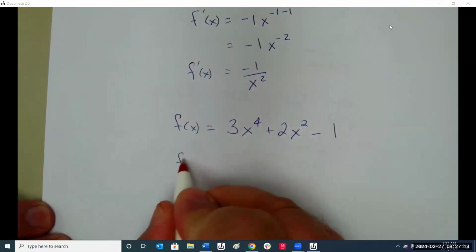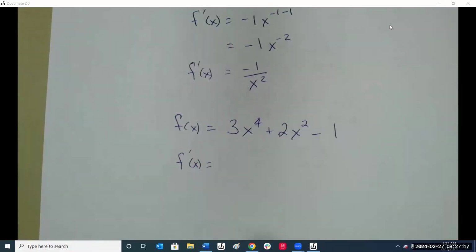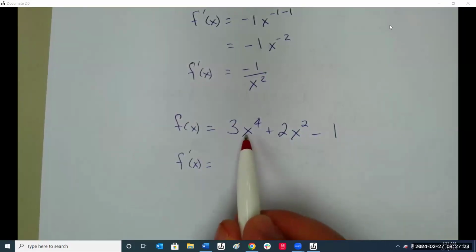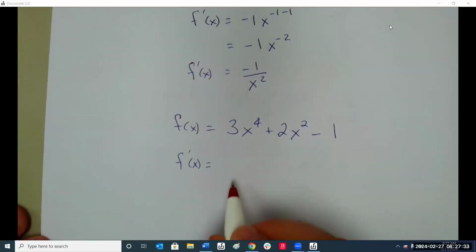So the derivative of this function, wait, again, let me take you back now. How would we solve this using the limit formula? We would have to take x plus h to the 4th power, x plus h times x plus h times x plus h. This now saves us time.